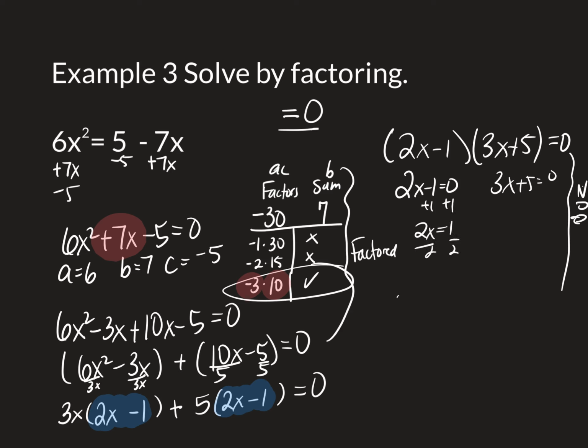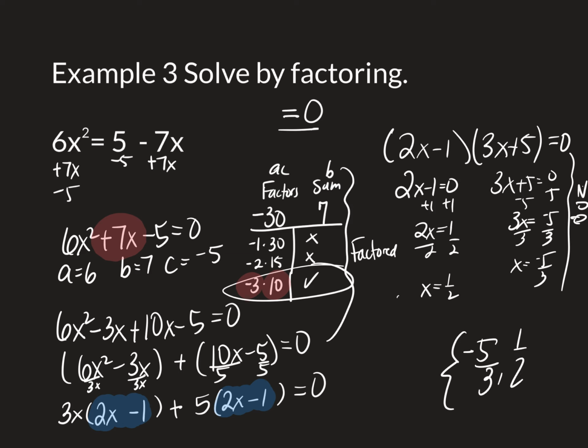Divide by 2. So x equals 1/2. Subtract 5. 3x equals negative 5. Divide by 3. X equals negative 5/3. So this parabola crosses the x-axis at negative 5/3 and positive 1/2. Those are the solutions to example 3.